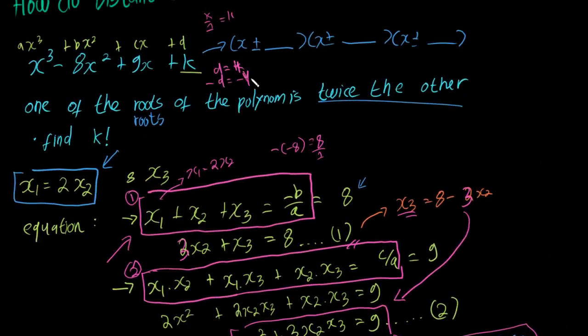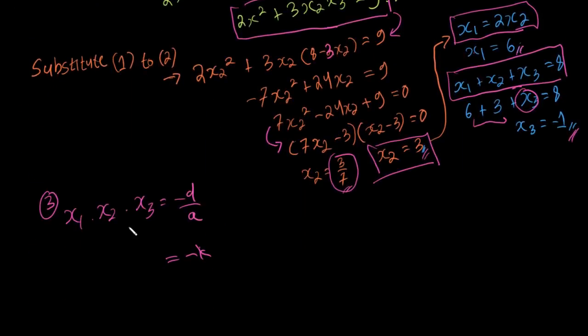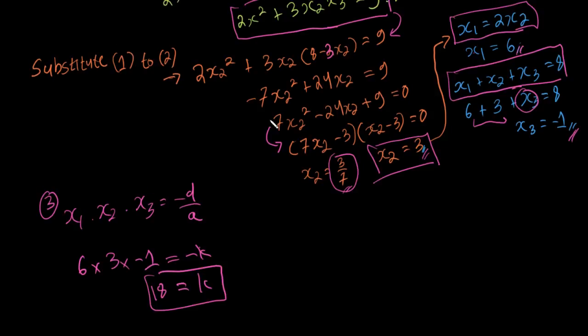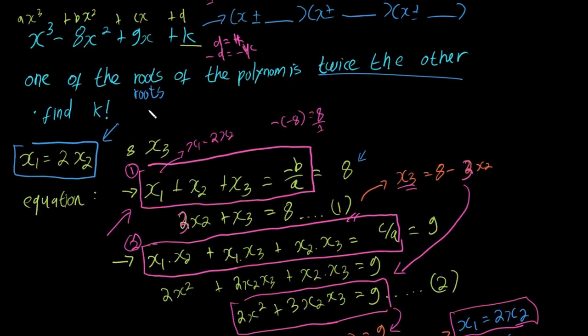I get twisted, like k and 4. So it's minus k, and x1 is 6, x2 is 3, and x3 is minus 1. Eventually you get 18. So that's the answer to this question: k is 18.